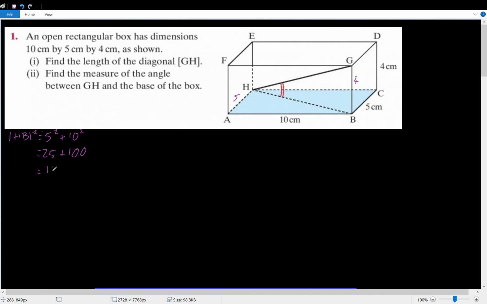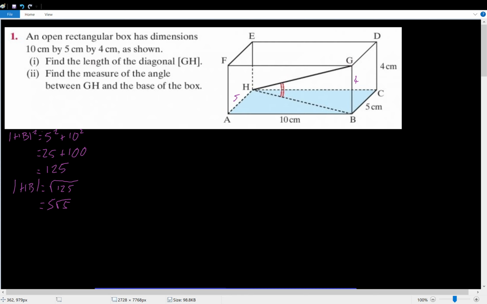So it's going to be 125, which means that HB is going to be equal to root 125, which is equal to 5 root 5. And we can leave it in surd form because it's not our final answer. We're going to be using it to get our final answer.